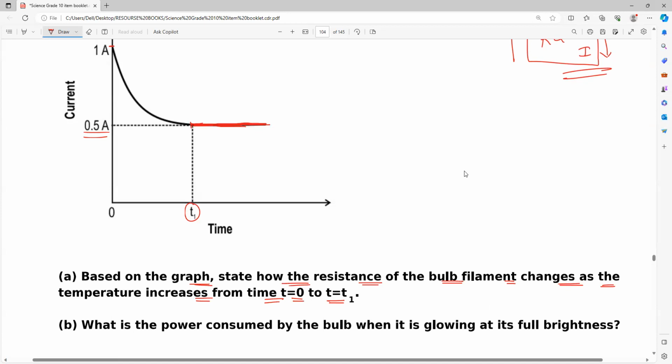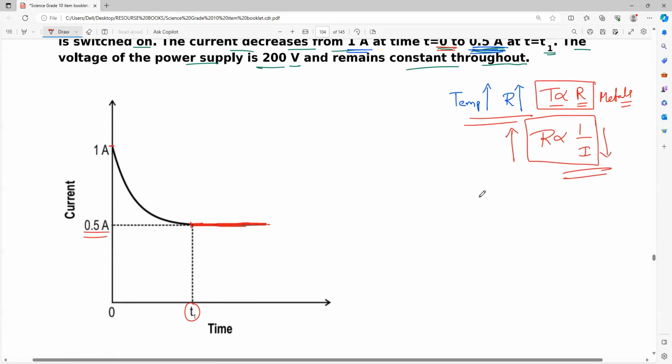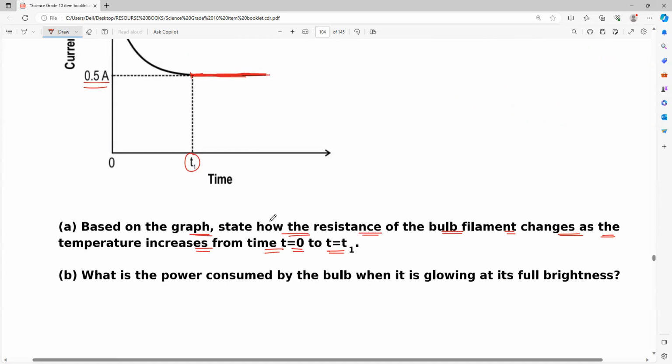Just now, before reading the question itself, I know the concepts, so now I can easily answer. Based on the graph, state how the resistance of the bulb filament changes as the temperature increases from t = 0 to t = t1.